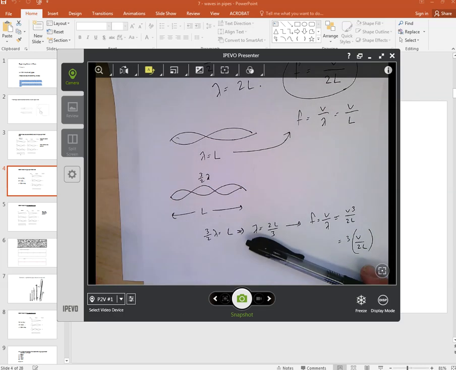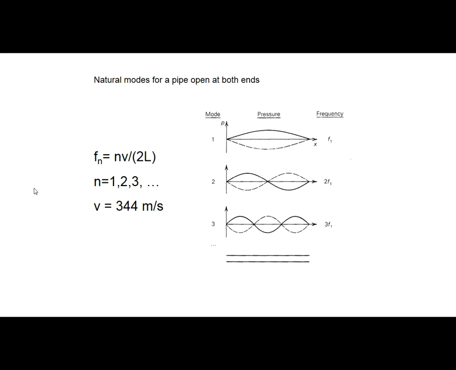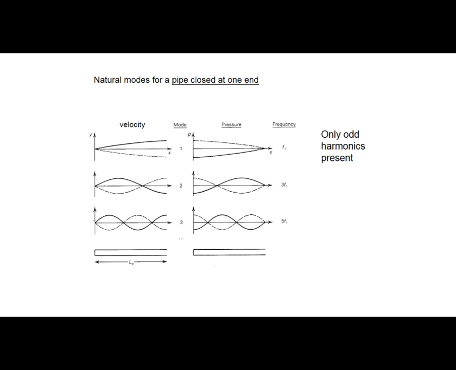And then as we continue fitting in more and more half wavelengths, we can create higher frequencies. So there's another type of analysis, which is for a pipe that is closed at one end.